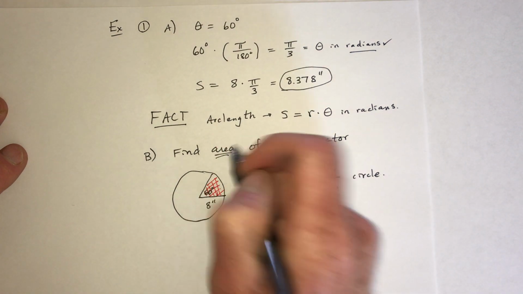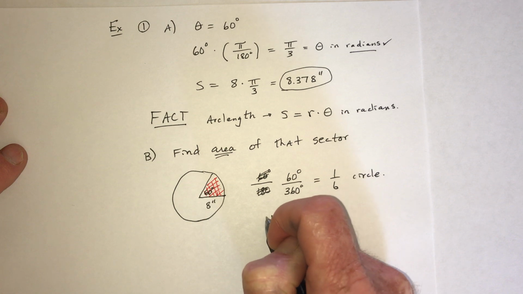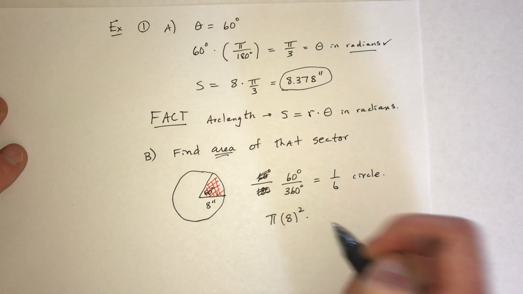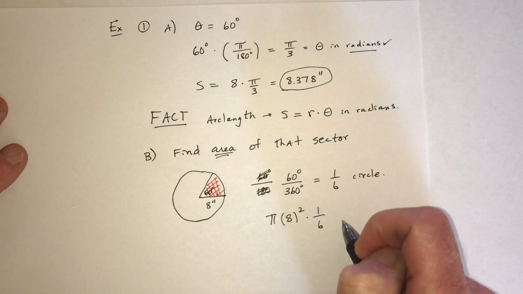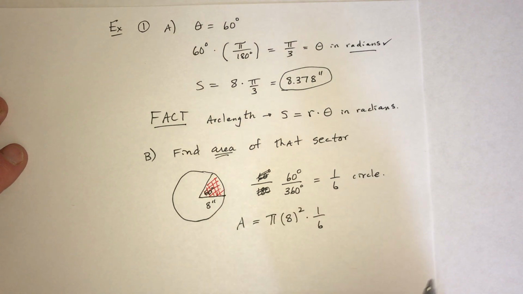And since it's talking about area, we could use that. The formula for area is pi radius squared. And then this is just 1/6 of a circle, so multiply by 1/6. And then we just use A for area.